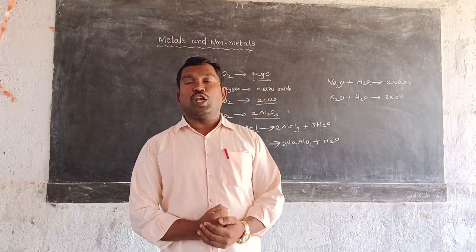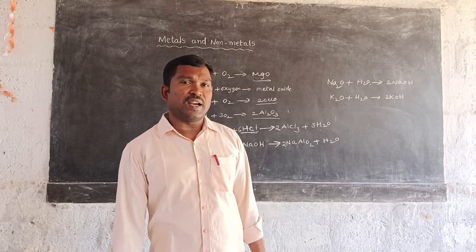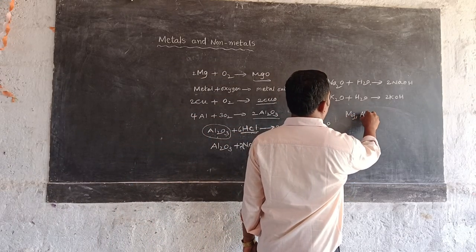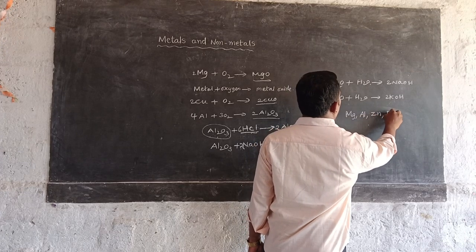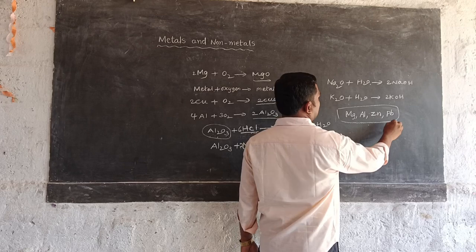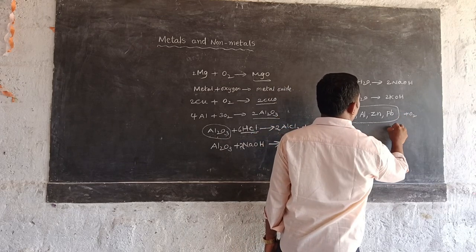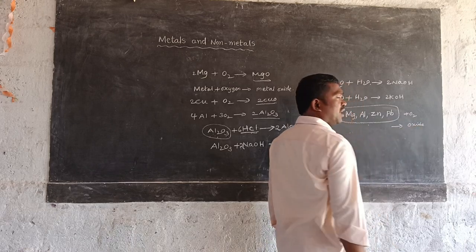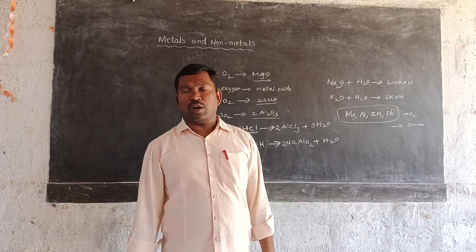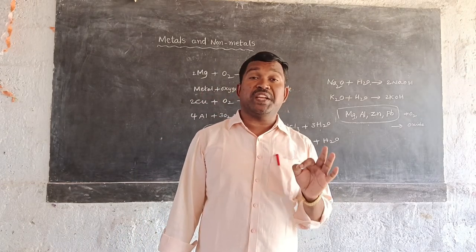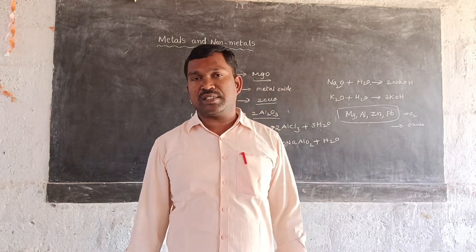Magnesium, aluminum, zinc and lead. These metals react with oxygen and form an oxide layer on the surface of the metal. This layer prevents further oxidation.